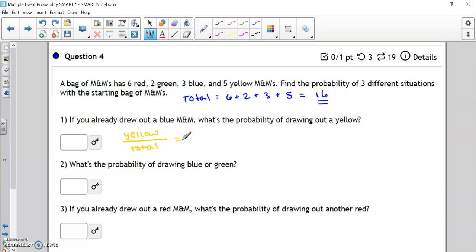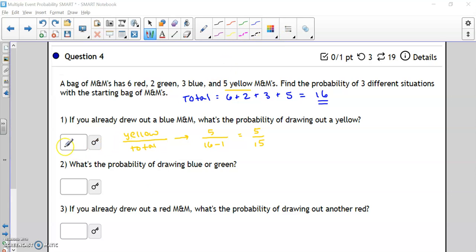Okay, so in that case, we know that there are, let's see, 5 yellows. So 5 yellows over the total, but we drew out a blue M&M, so that means that the total now is our original total minus 1 because we took 1 M&M out. So that tells me it's 5 out of 15.